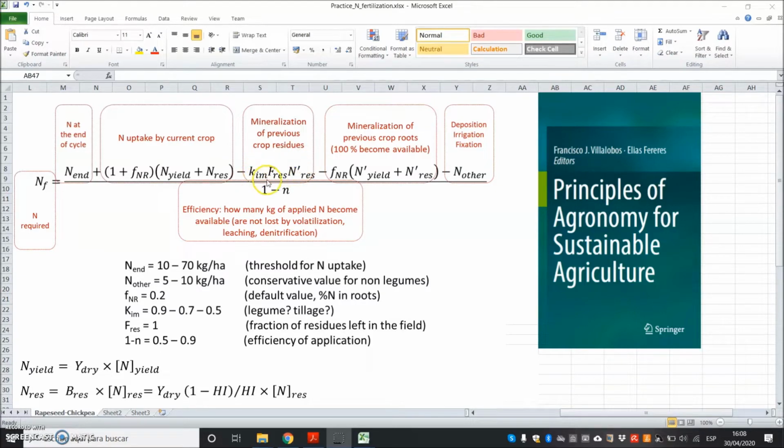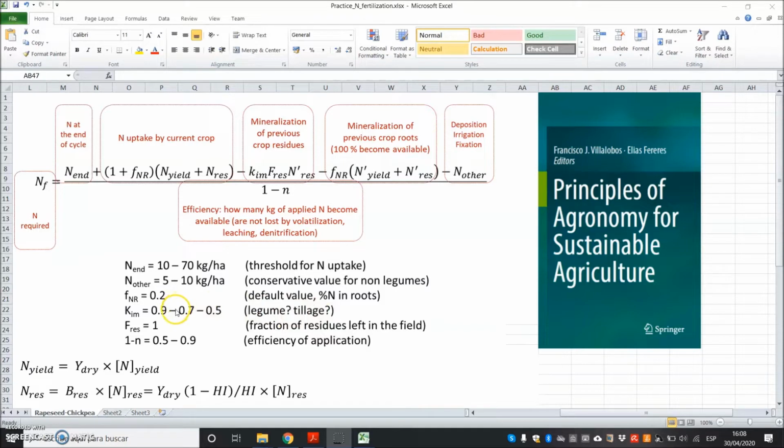With regard to the coefficient of mineralization, usual values go from 0.9 to 0.5. We will adopt the highest value, 0.9, if we are working with residues coming from a legume under tillage.